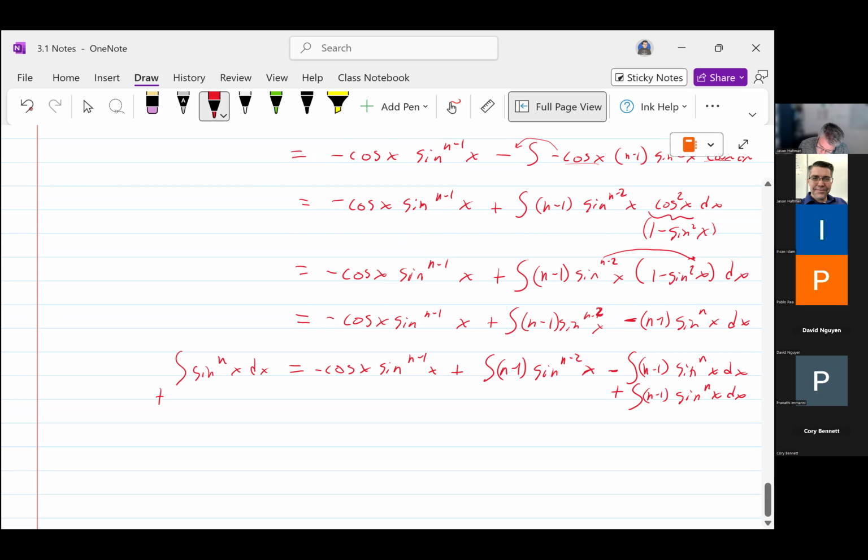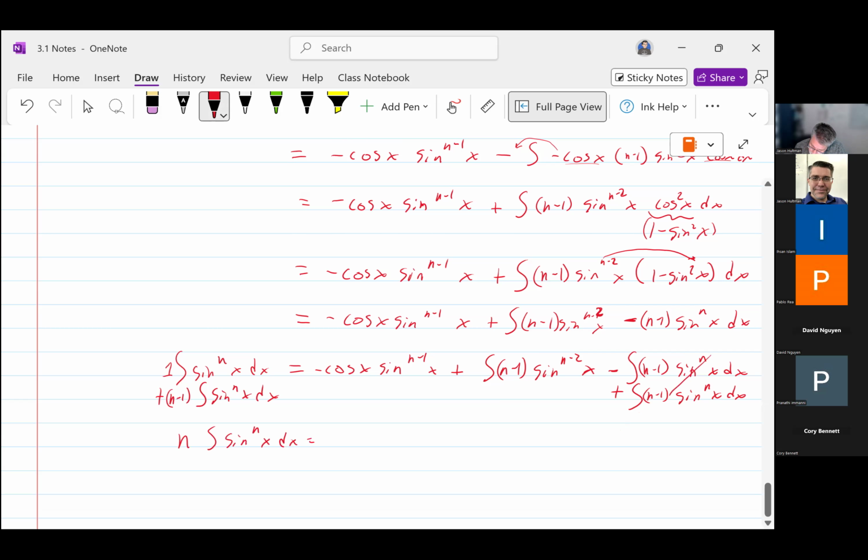So I'm going to pull that n minus 1 on the outside. This is n minus 1 times the integral of sine to the n x dx. That goes away, and this just becomes 1 on the outside. So if I add these together, I'll get n minus 1 plus 1, which is just n.